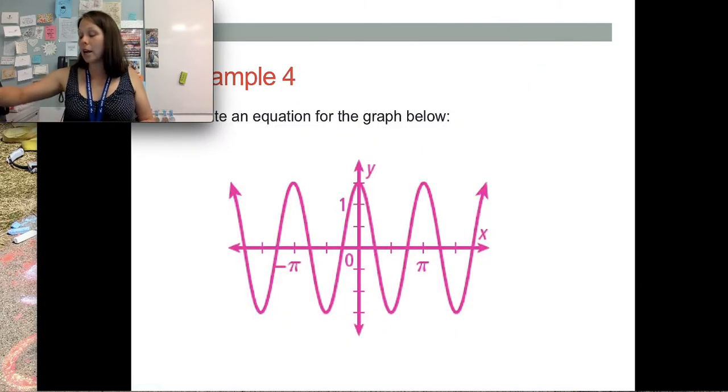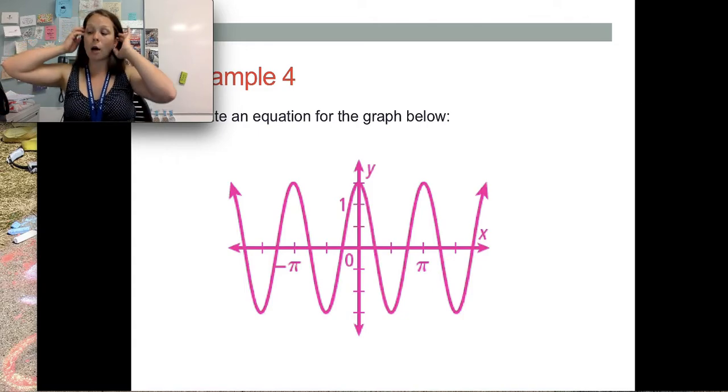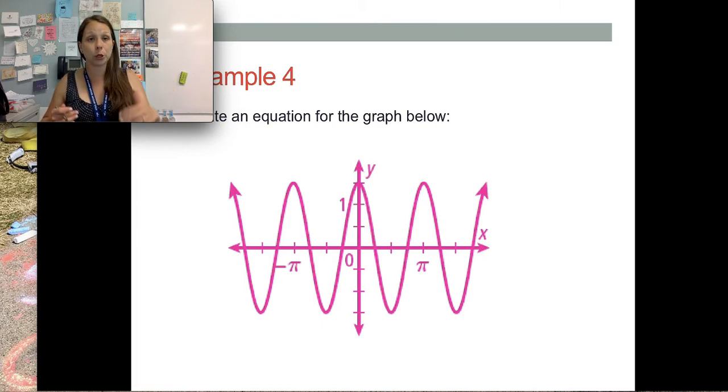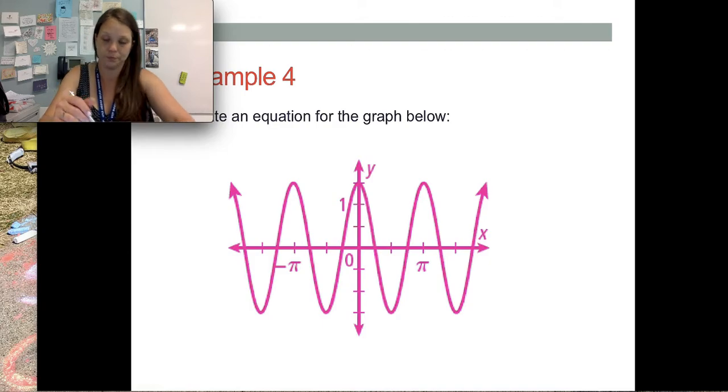Examples 4 and 5 are not wanting us to graph the function, but instead to take our knowledge of amplitude and period and be able to write a function that's been graphed. There are technically a variety of answers you could go off of, but I would rather us just not make it too complicated and really utilize where the graph is crossing the y-axis to determine what type of function it is.